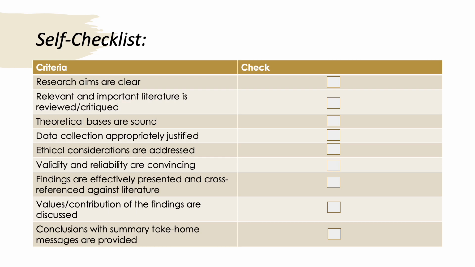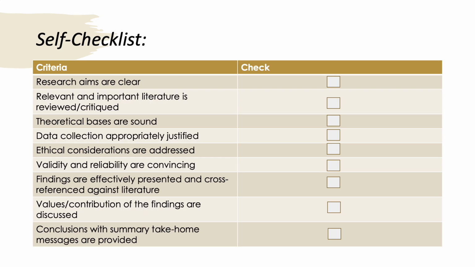So here is a self checklist that is important when we write a PhD thesis. We want to make sure that our research aims are clear. We want to make sure that relevant and important literature is reviewed and or critiqued, and also the theoretical bases are sound, the data collection appropriately justified, and then the ethical considerations are addressed.